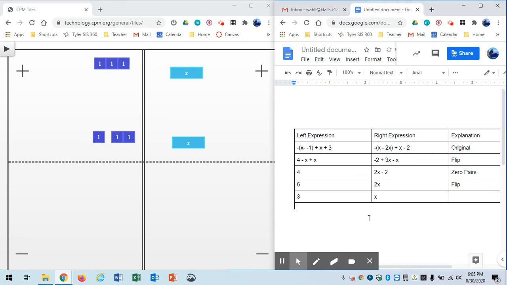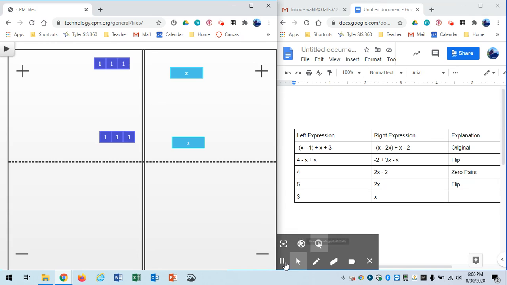Another way to do this, if you're looking at it numerically, is that you take the 6 divided by 2, because you want to only have one x left. Or you split it into the number of piles for the correct amount of x's. So here I can tell that x equals 3.